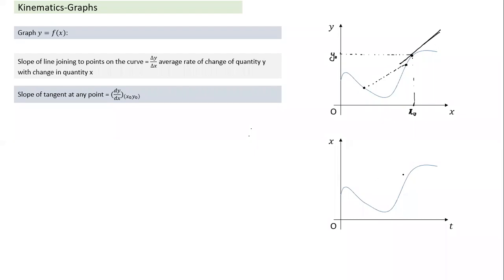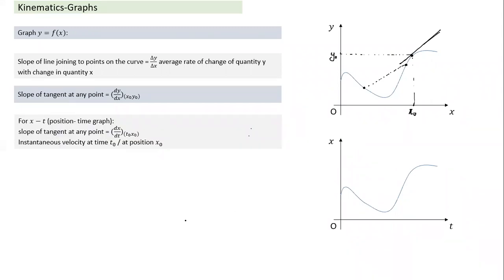If the xt graph is drawn, what are the things we can understand? If I take 2 points here, T1 and T2, T1 will have the corresponding position x1, and another point T2 has the corresponding position x2.